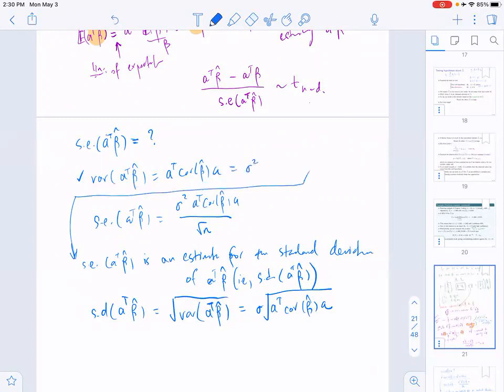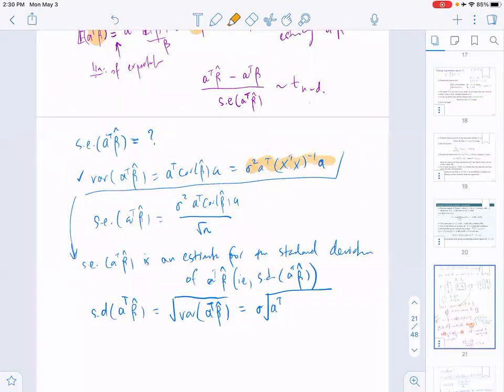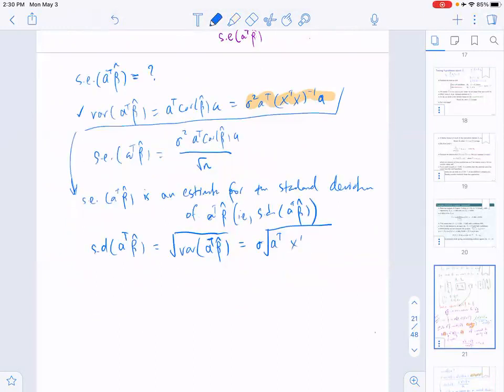So this would be sigma squared A transpose X inverse A. Now everything is known except sigma. So this would be just the square root of this object, which is sigma times the square root of A transpose X inverse A.